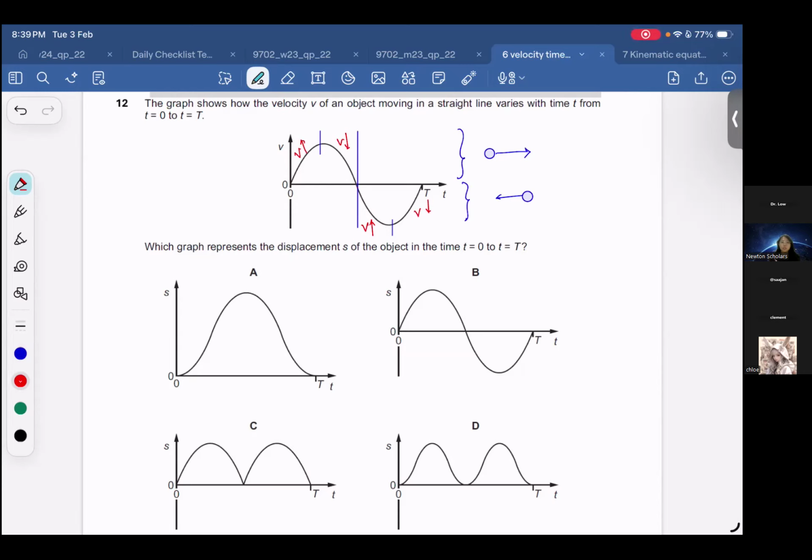How do we convert it into a displacement time graph? We also divide into 4 sections, half of it first. Convert half of it. So I want to check the directions.